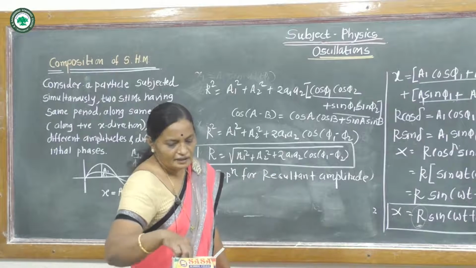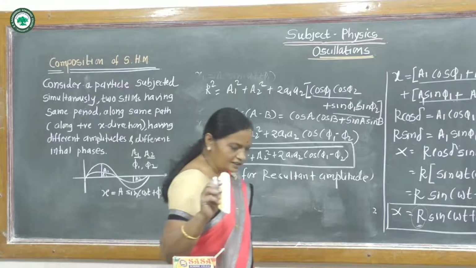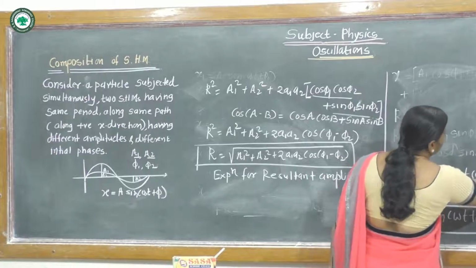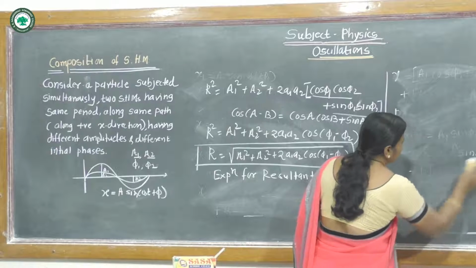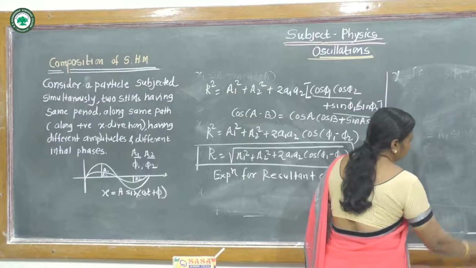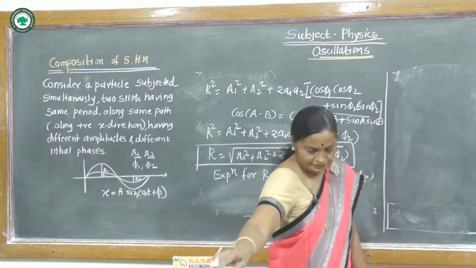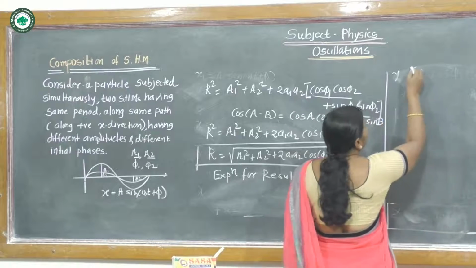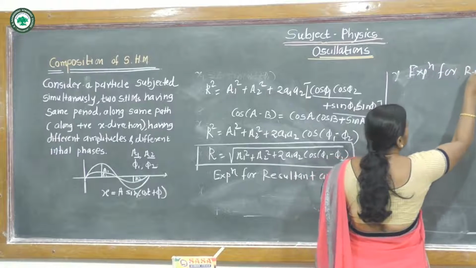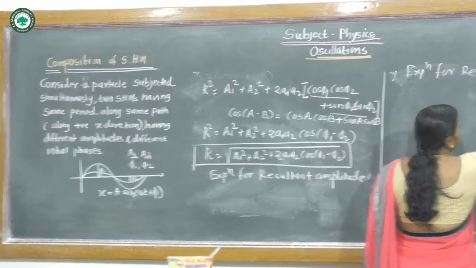Now we find the resultant initial phase, that is the value of the resultant initial phase, delta. Now consider the equations. Expression for the resultant initial phase: delta is called the resultant initial phase.